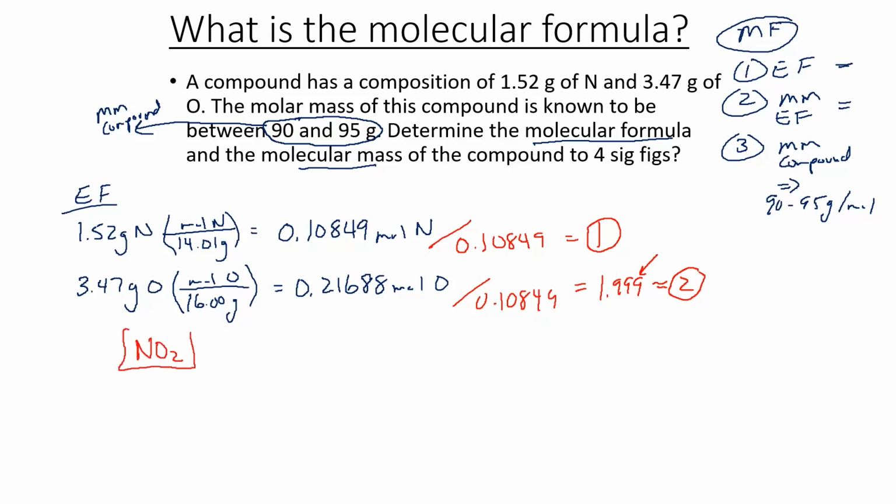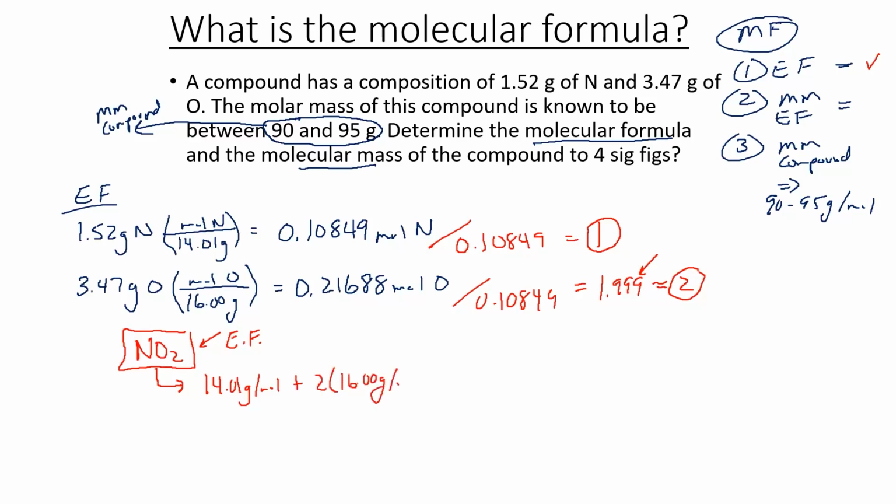Now that we do have the empirical formula, the second thing that we need after we check that off our list is the molar mass of the empirical formula. So we're going to go back to the periodic table. We're going to calculate our molar mass. So that's 14.01 grams per mole for our nitrogen. That's going to be added to 2 times 16 grams per mole for each oxygen that's present.